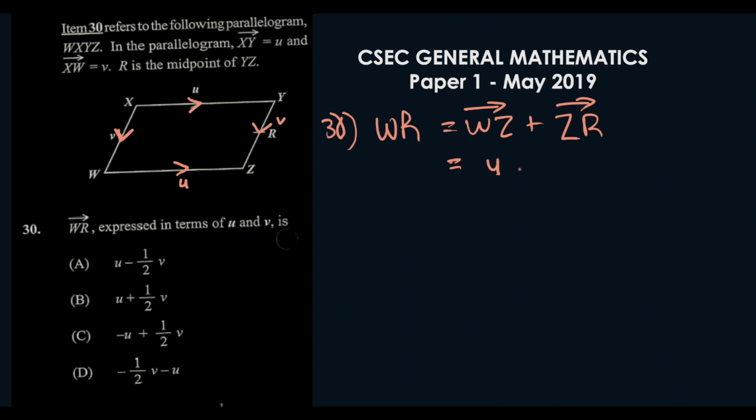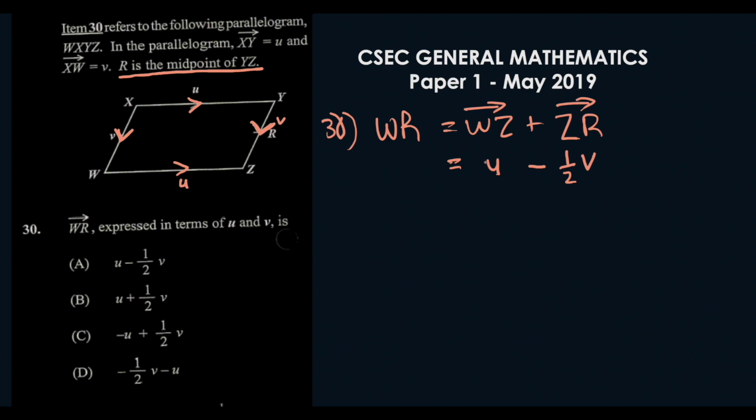Next one is ZR. So ZR is going opposite to V. So notice where my direction is. It's going down this way, but I'm going the opposite direction. So that's going to make it negative. And I'm going to R, which is the midpoint of YZ. So it's a midpoint, so it has to be half of this V. But notice I had the negative because I'm going opposite to where this arrow is pointing.